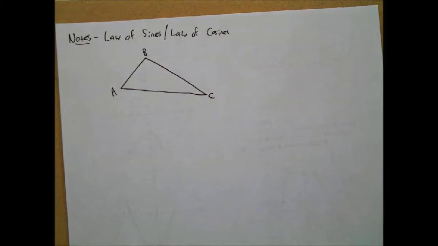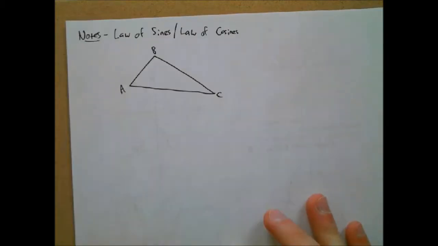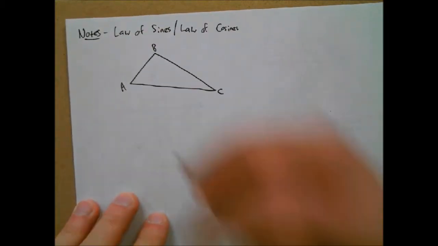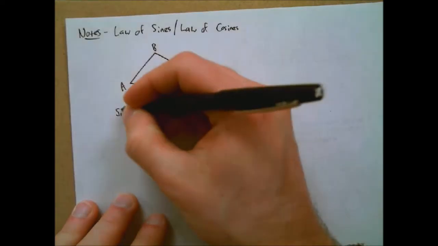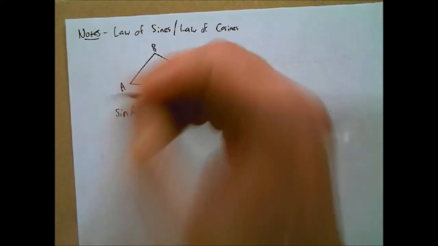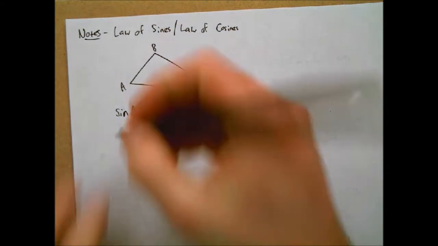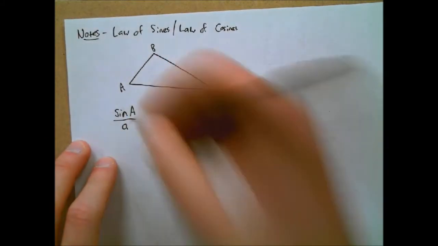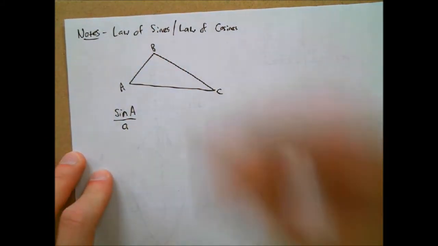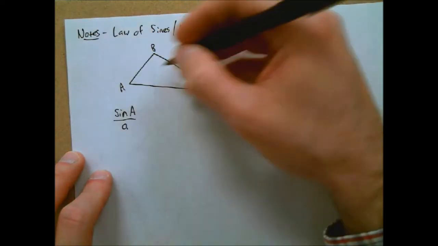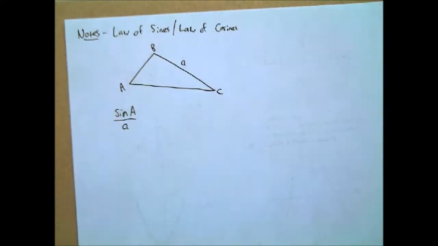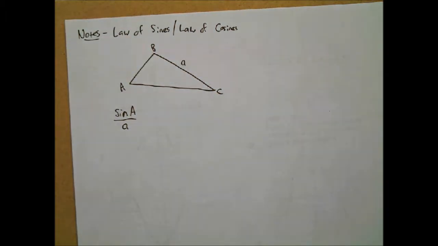However, we can use something called the law of sines. What that is, is that the sine of angle A over side lowercase a. And we assume that angle A is opposite its lowercase side a. So capital angle A, and then lowercase side a there.